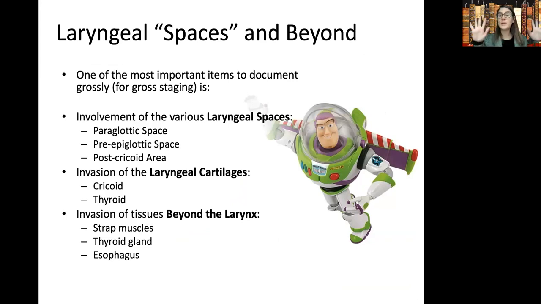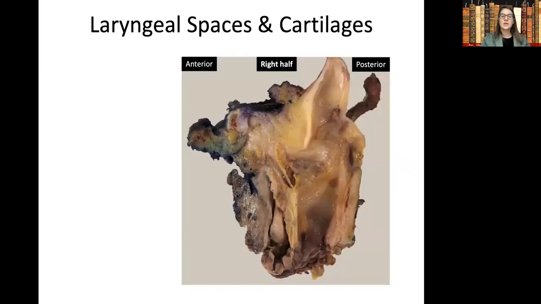And then the tissues beyond, right? The strap muscles, the thyroid gland, in some cases, the esophagus. So here's an example of a relatively uninvolved larynx half, the right half, showing the posterior edge on the right and the anterior edge on our left.